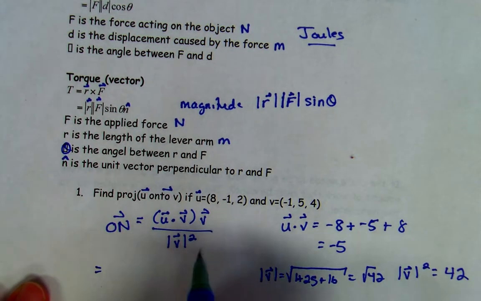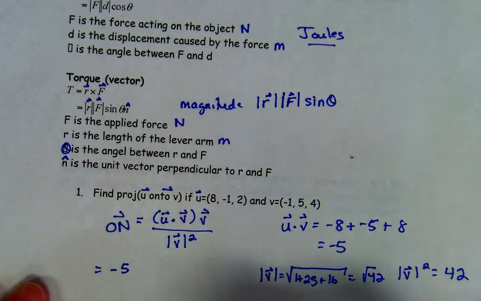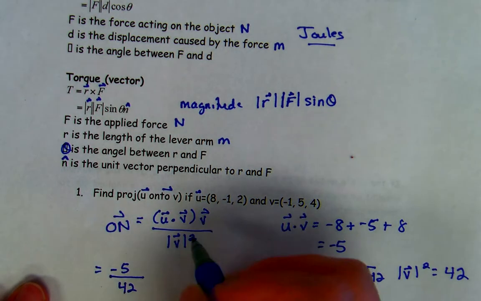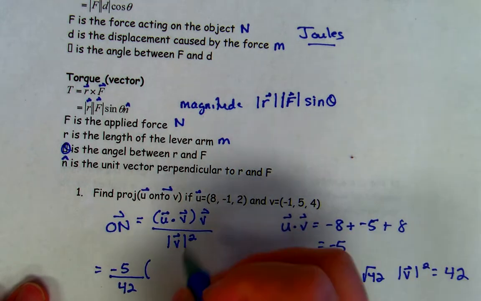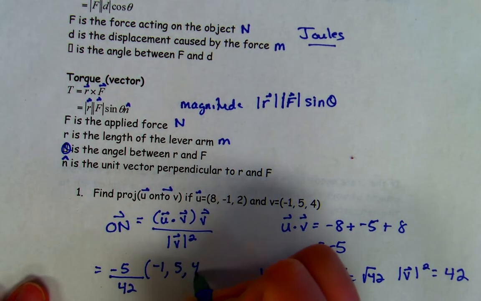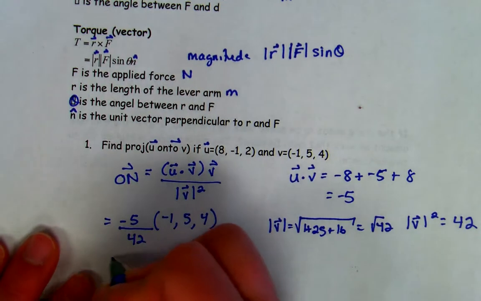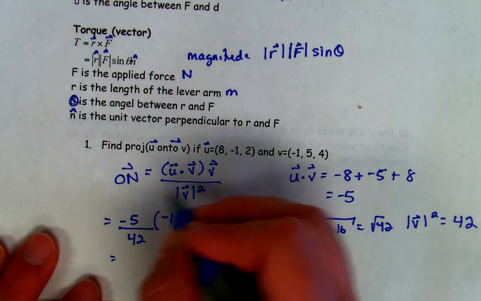So now I'm going to come over here. U dot v is negative 5. V squared is 42. And I'm going to multiply that by v. So I'm going to take negative 1, 5, 4. This is scalar multiplication into a vector, which means I just distribute this in.